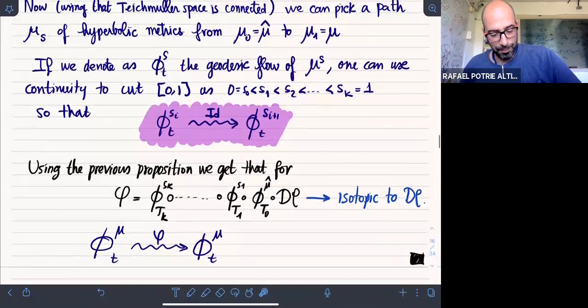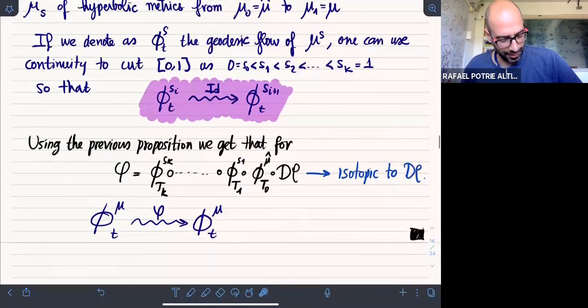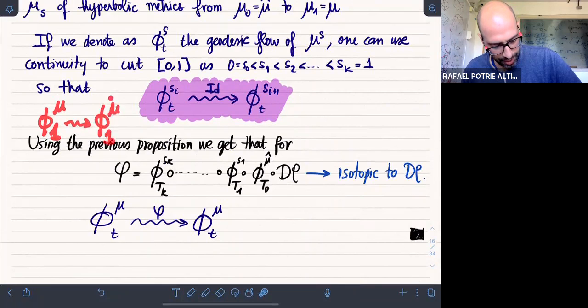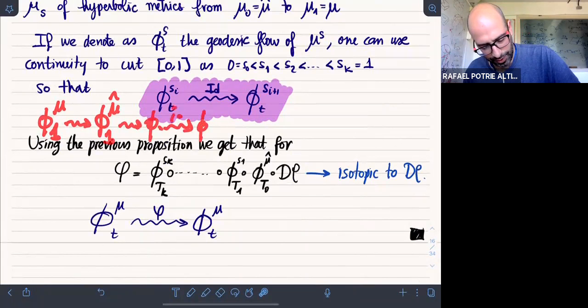And so now we can compose this. We had phi 1 of mu transverse to phi 1 of mu hat, and then we started doing a lot of other partially hyperbolic maps and putting the identity here, and eventually we came back to phi mu of 1.